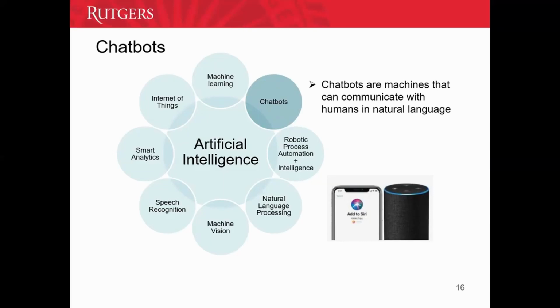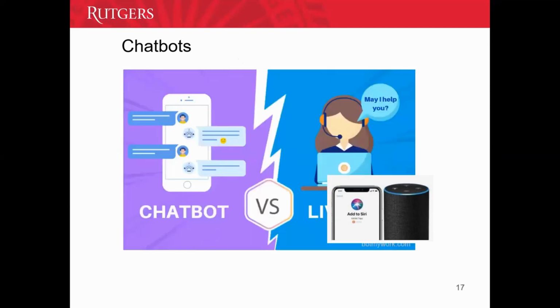You can see videos where children are engaging with Alexa and Siri and imagining that they're actually talking to a human being. So this is what chatbots are, and they're very useful, and I'll talk about their use cases in subsequent slides. Here I just want to again emphasize the difference between a chatbot and a live chat. A chatbot is a human being interacting with a machine and getting that human-like experience.